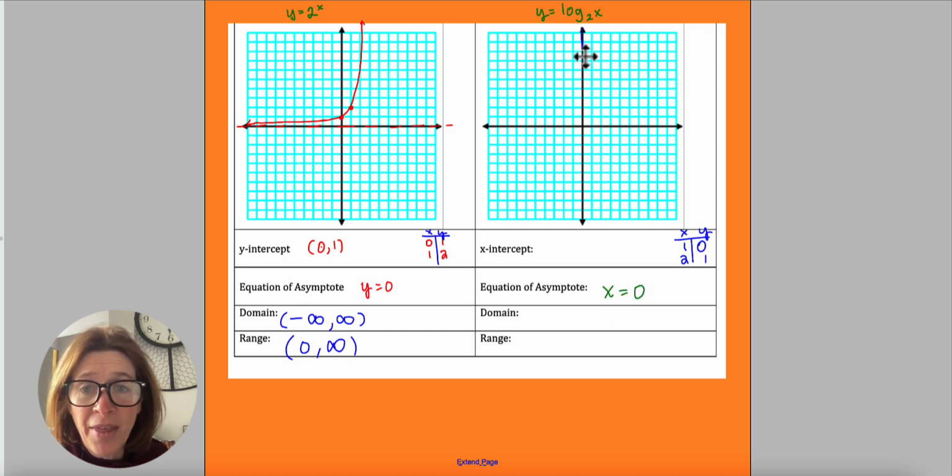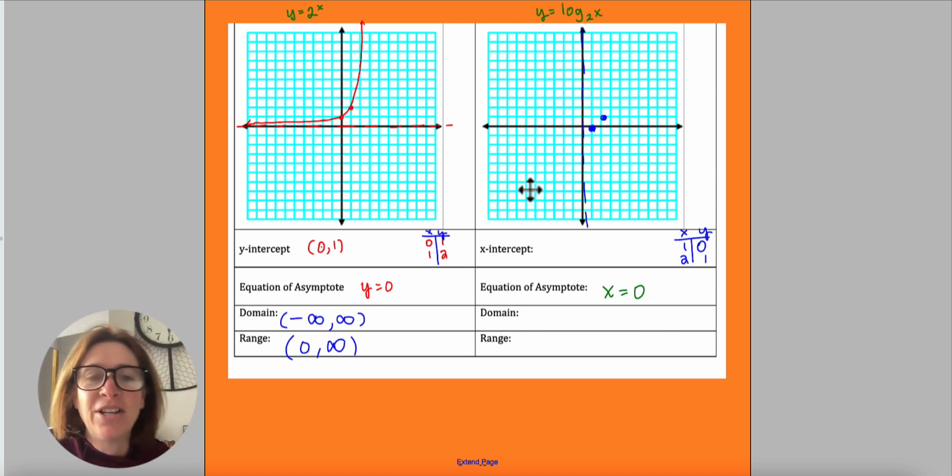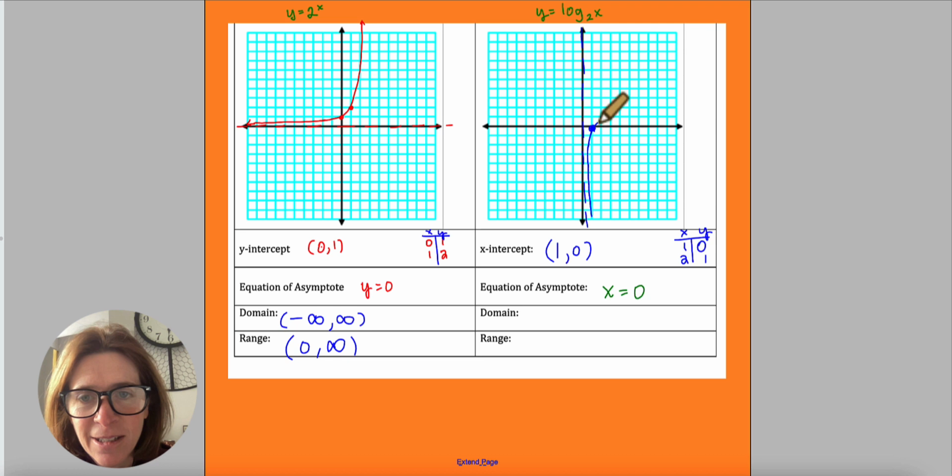So I'm going to go ahead and draw that in. So there's my vertical line. I'm going to plot my points, 1, 0, 2, 1, okay? So now it's going to be everything to the right of the graph instead of above the graph. So my x-intercept is 1, 0, and my graph's going to look like this.